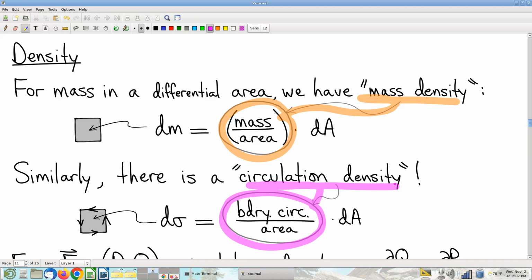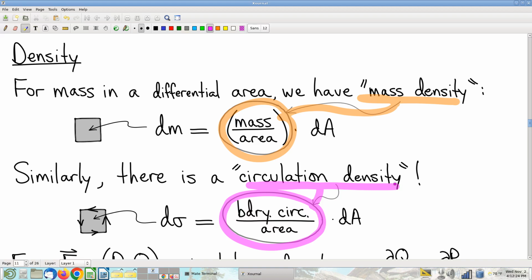Stuff in general, accumulating quantity per unit area. So that's all we're doing here. Circulation, just like mass, just like population, is an accumulating quantity. So let's talk about how much of that there is per unit area.